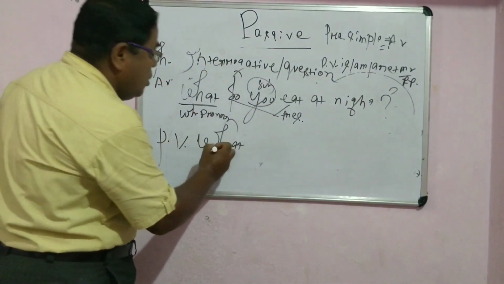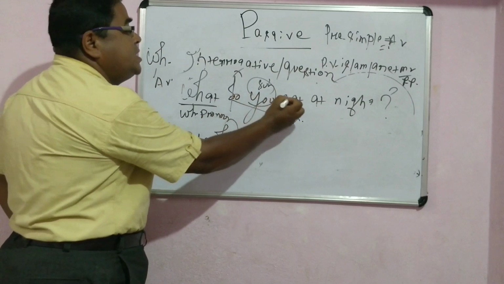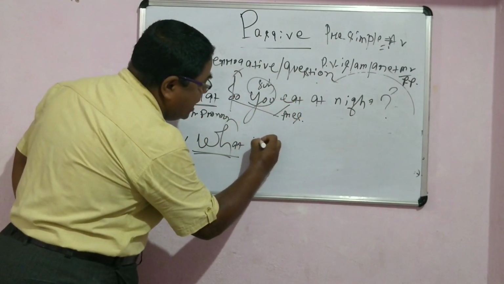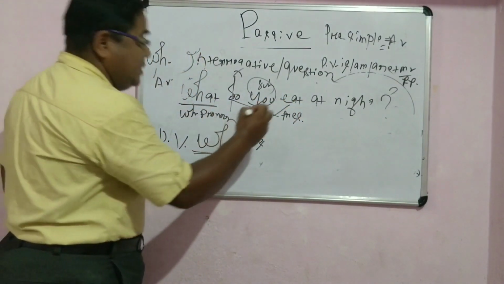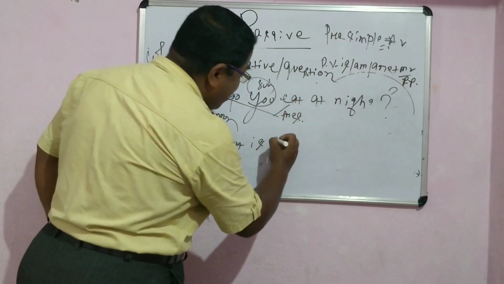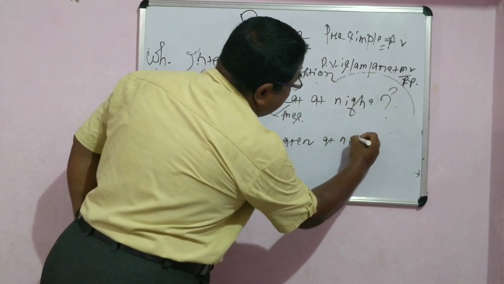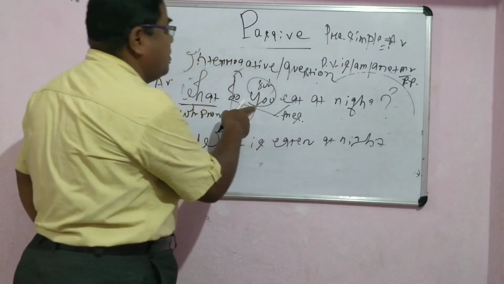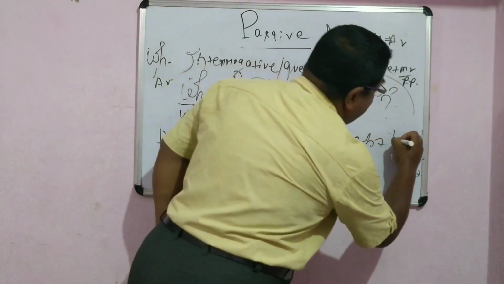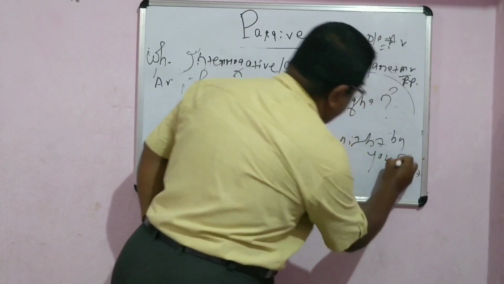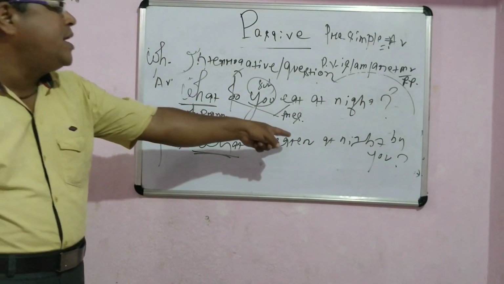Okay. So for present simple do eat, you can use the auxiliary verb is. What is? Then the main verb eat becomes eaten. What is eaten at night? The subject you is changed into by plus subject, by you. That means, what is eaten at night by you?